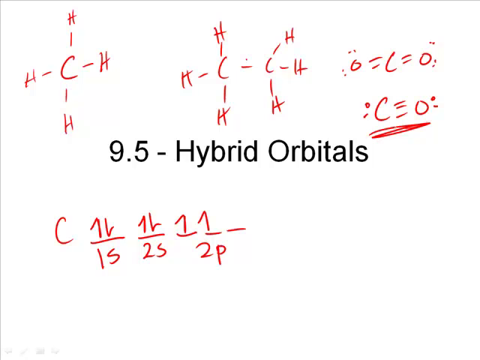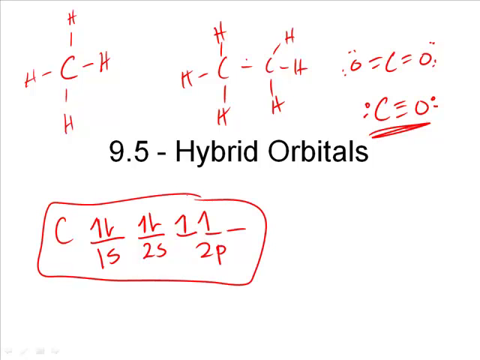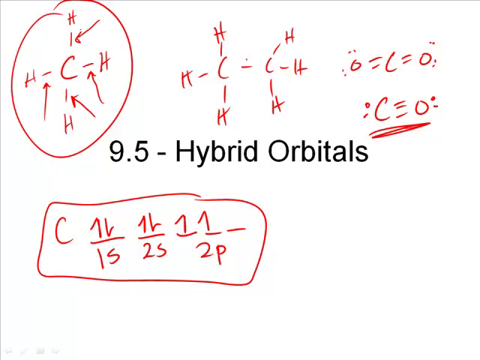So this orbital diagram for carbon doesn't really work, because we know a couple of things. Carbon typically forms four bonds, and these four bonds are equivalent, meaning energy-wise they're at the same level.